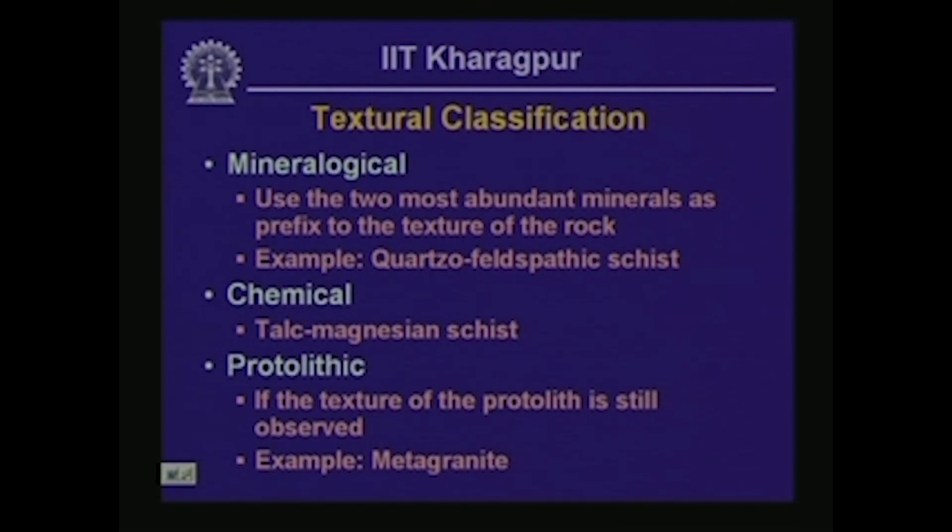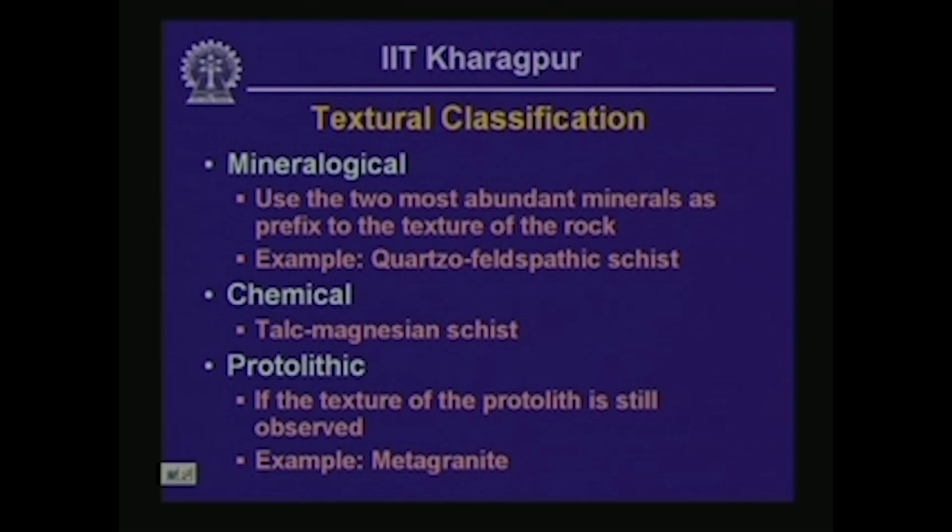Then we could have chemical textural classification. An example of that is talc magnesian schist. In some cases, classification of a metamorphic rock includes rocks which do not change much from the texture of the protolith.